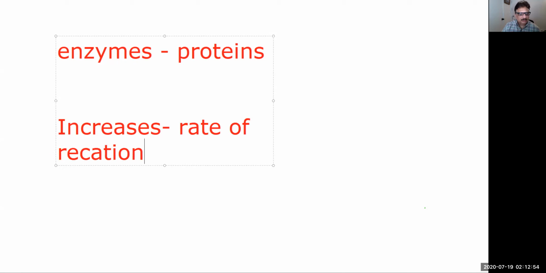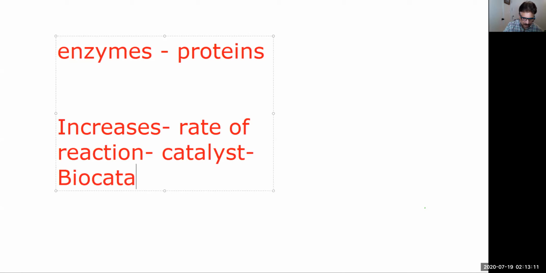Typically anything that enhances the rate of reaction is called a catalyst. Because enzymes support the life of a cell, they are called biocatalysts. Most of them are proteins, like metabolic enzymes. There are enzymes involved in protein synthesis. But as technology advances, we now know that some RNA also has enzymatic property. So enzymes increase the rate of reaction.